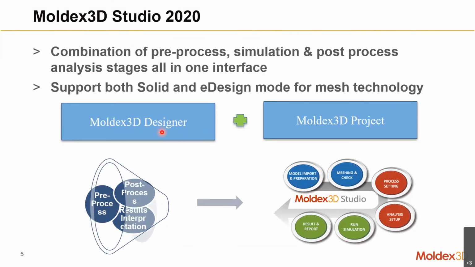And after that, once the meshing is done, he needed to move to another platform, which was Moldex 3D Project. But in recent years, Moldex has combined both platforms into one, which we call Moldex 3D Studio. So I'll give you a small introduction about how things work in the interface.